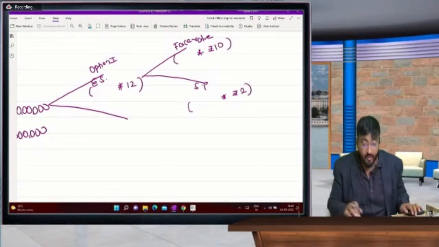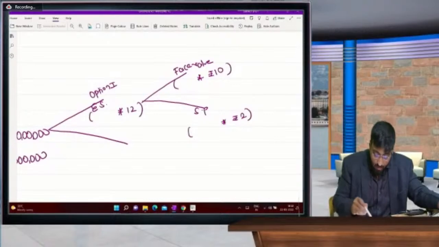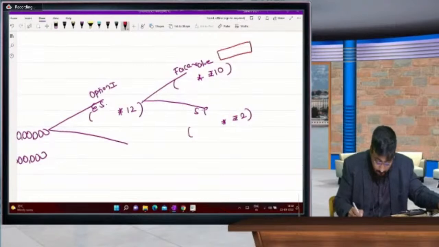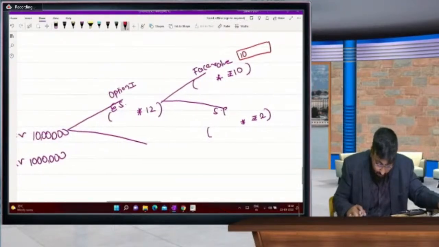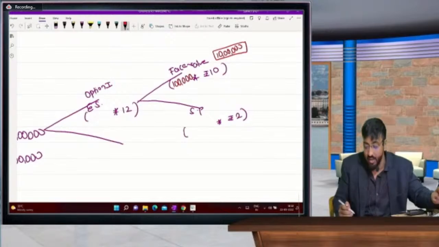So remember, while deciding capital structure, we always consider face value. So this is 10 lakh. And 1 lakh shares are issued for ₹10.